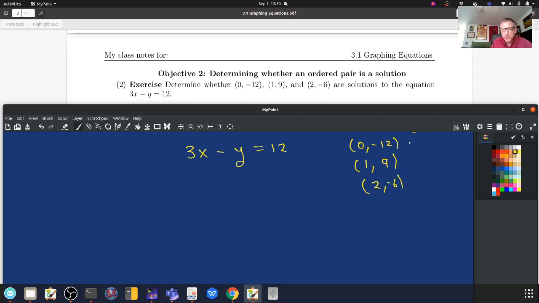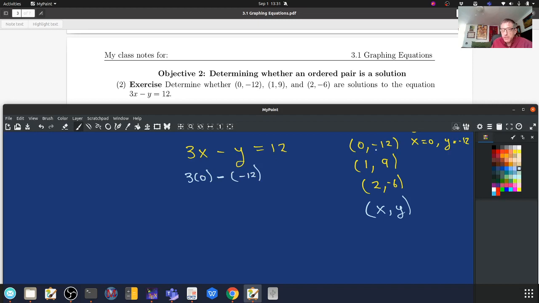In other words, for this one, I have x is equal to 0, y is equal to minus 12, because the generic ordered pair is x comma y. So all we're going to do is take each ordered pair in turn, and we're going to plug in the values to see if we get a true equation. So let's plug in 0 for x and minus 12 for y.